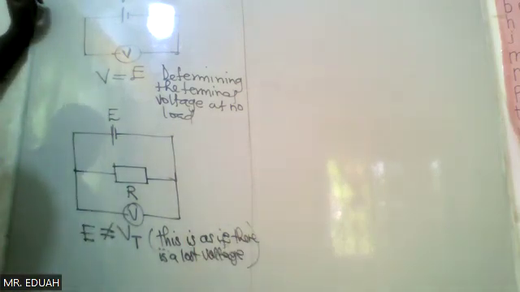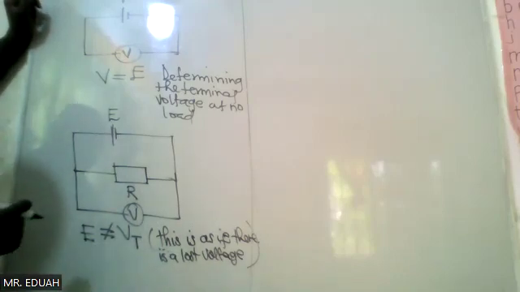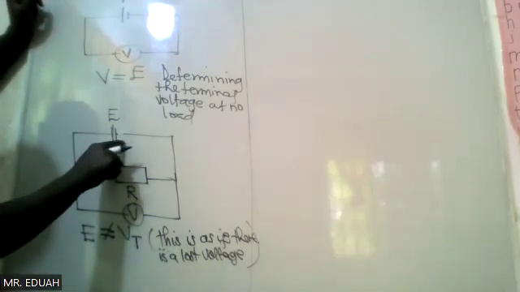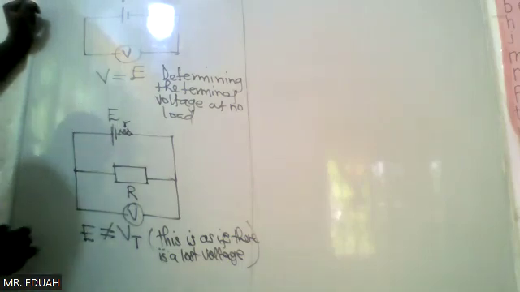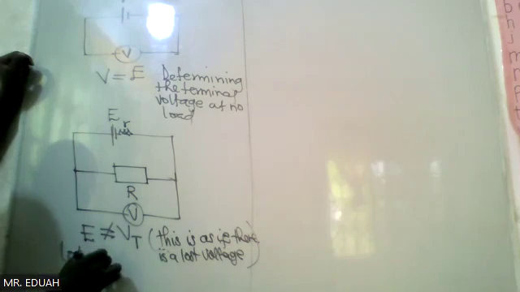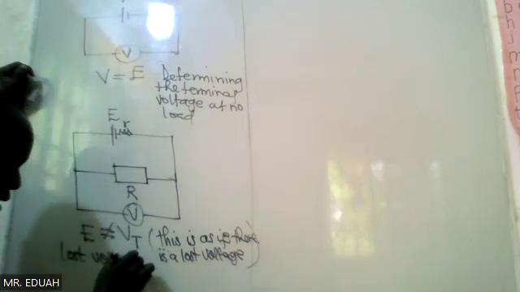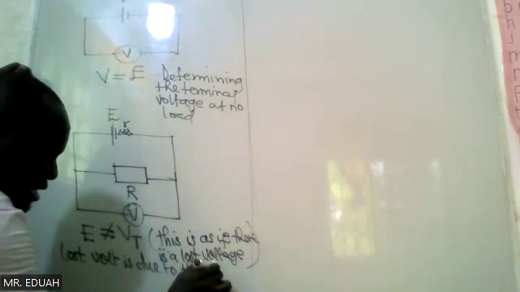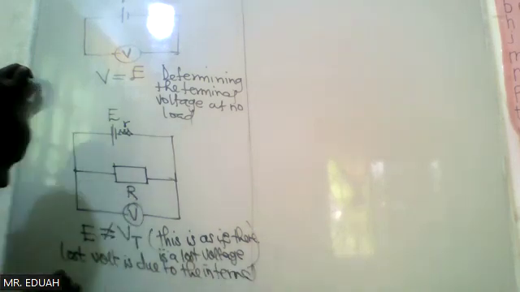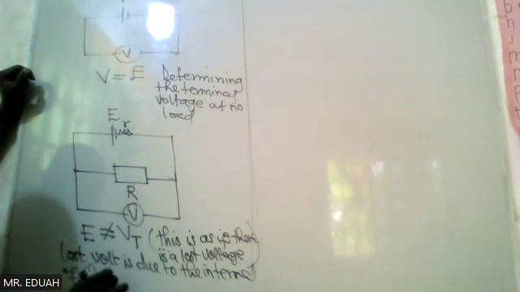And we realize that the lost voltage is as a result of the internal resistance of the battery, r. So the lost volts is due to the internal resistance of the cell. It also drops some voltage.